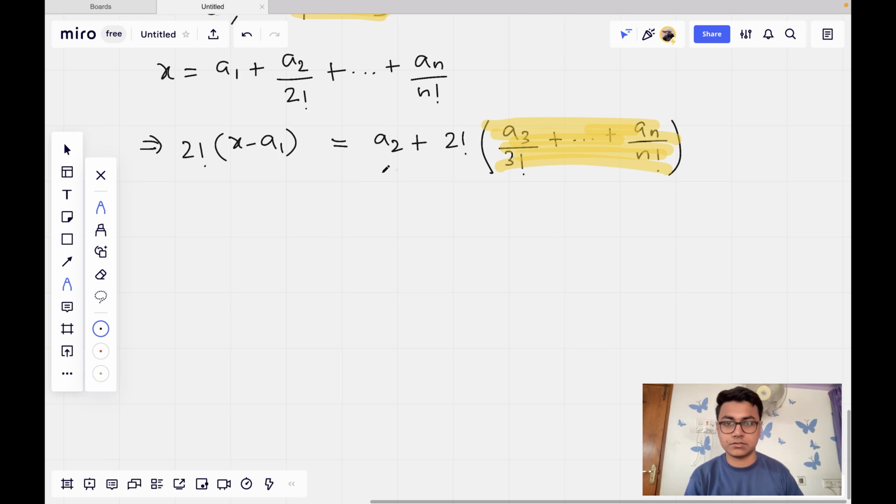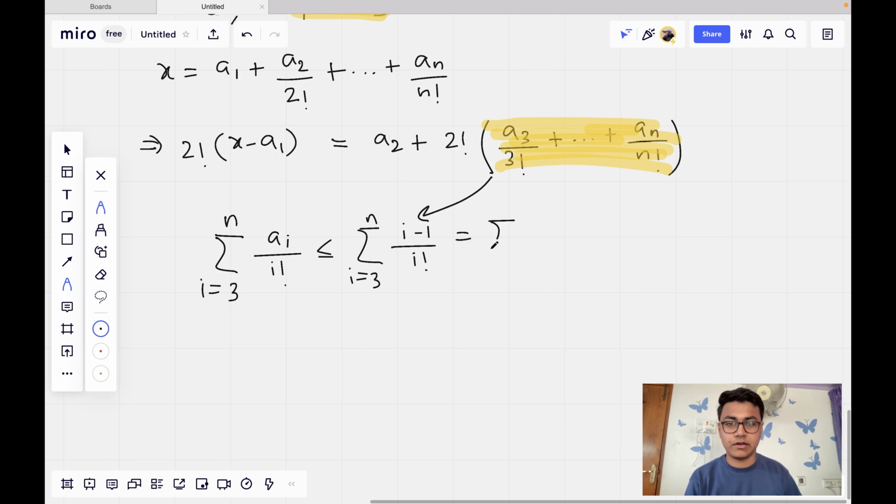We will proceed by induction. This summation, as i goes from 3 to n of ai by i factorial, is less than or equal to the summation i equals 3 to n of i minus 1 by i factorial, which gives us the telescoping series 1 by i minus 1 factorial minus 1 by i factorial.